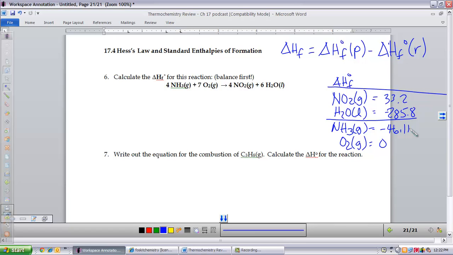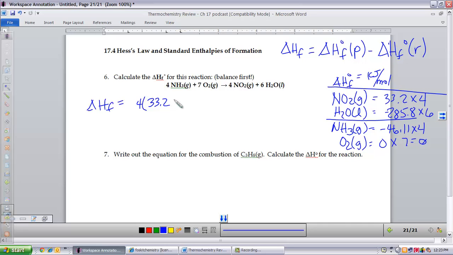One thing to keep in mind when you're doing this calculation is that you also need to multiply by the number of moles. Because these are in kilojoules per mole, how many moles of each do you have? So nitrogen dioxide, you happen to have 4 moles. Water, you happen to have 6 moles. Ammonia, you happen to have 4 moles. And you have 7 moles of oxygen, which is still 0.